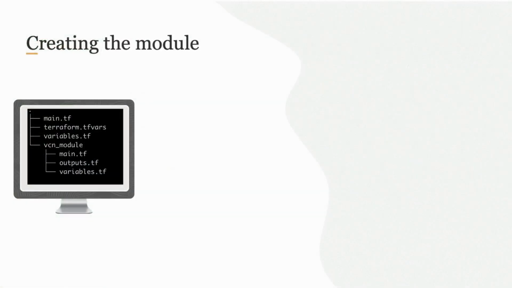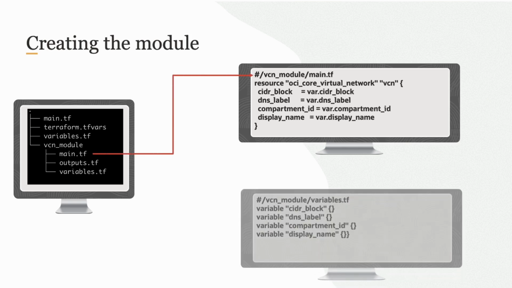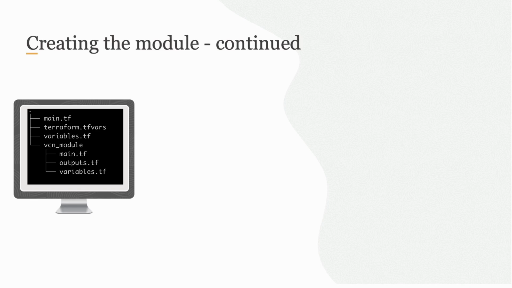Our module will live in the vcn_module directory. The first two files I will mention are the main.tf that will hold the resource configuration and the variables.tf that will contain the variables. Remember that Terraform defines scopes and those variables are only used within the module. The last file is the outputs file.